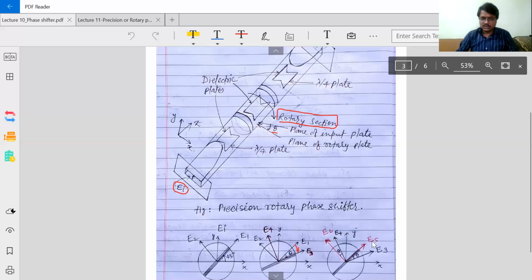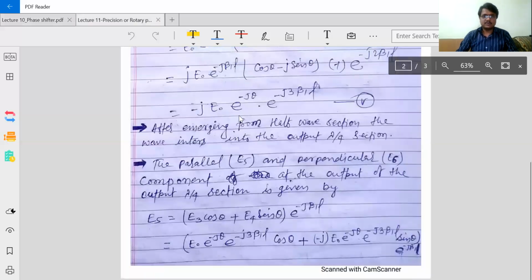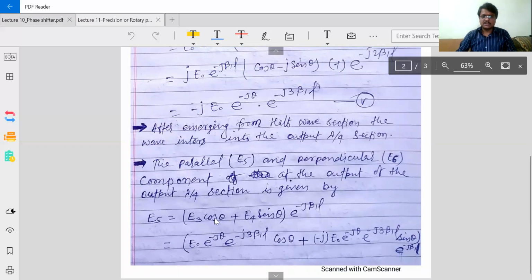E3 cos theta plus E4 sin theta, that is E5. Okay, and we'll see here E5, E3 cos theta plus E4 sin theta. We'll proceed from here.